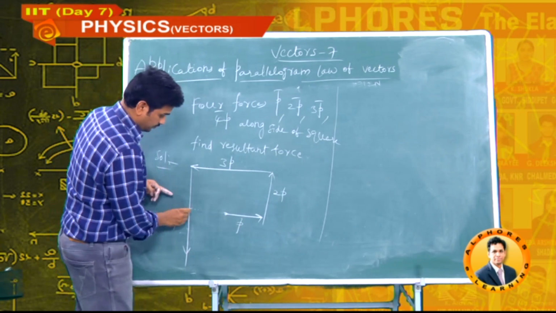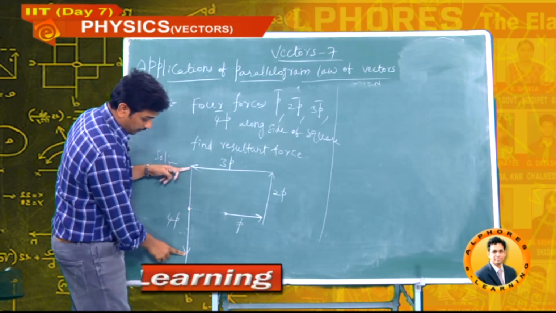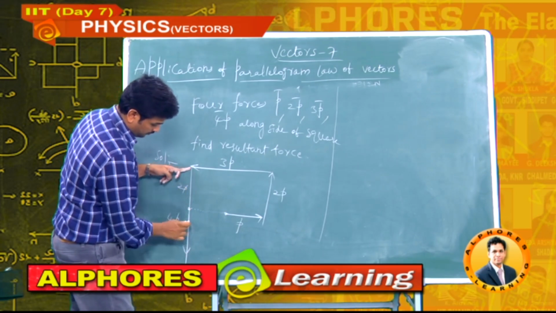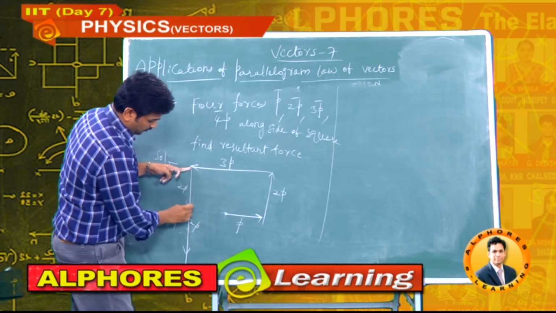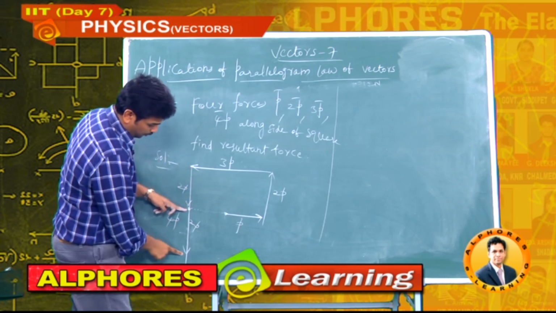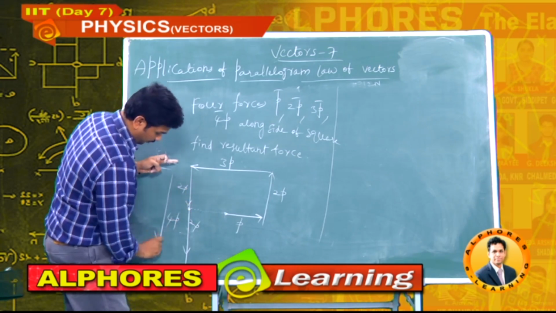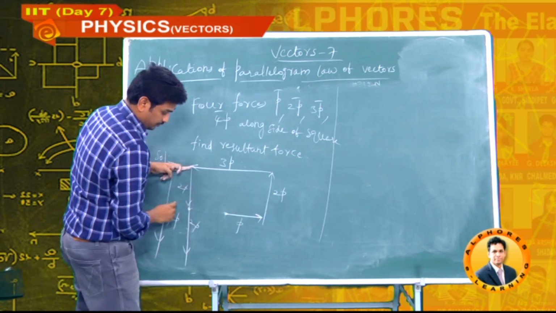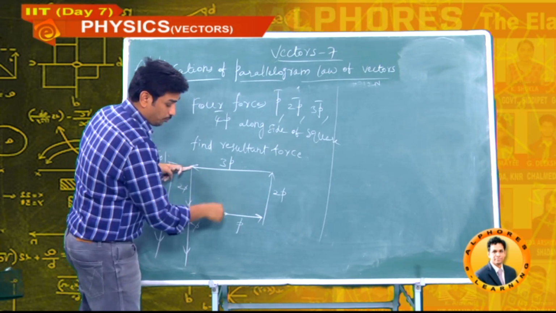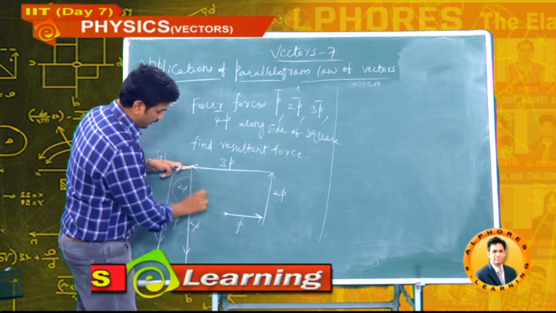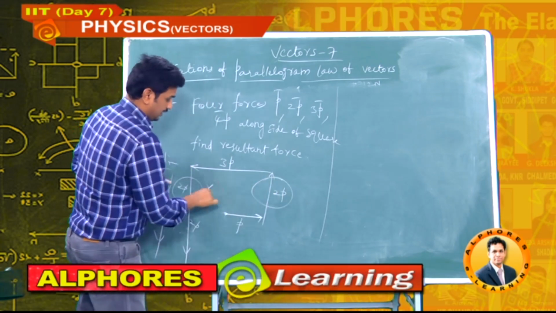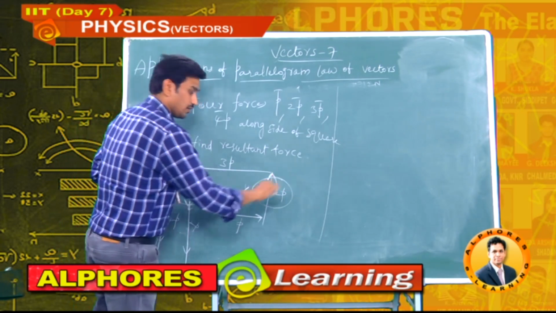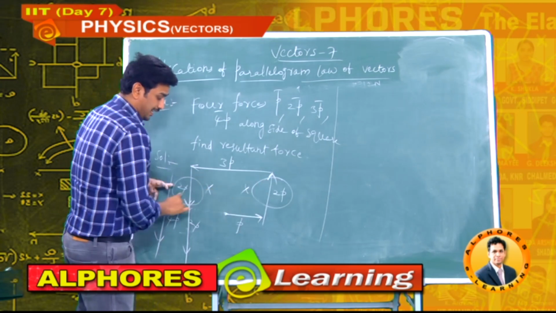See here, it's 4P. Up to here how much? 2P, 2P, total 4P. Now 2P, 2P are equal and opposite. Total force acting at one point. This 2P and that 2P cancel out, because this 2P is downward and this 2P is upward.